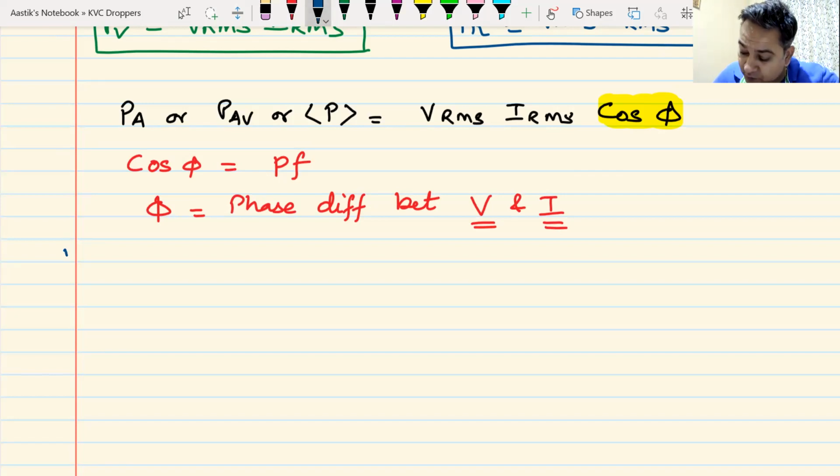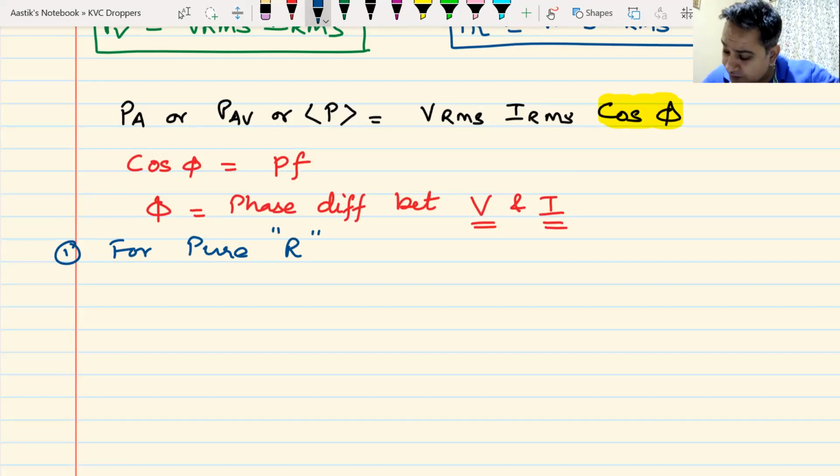If I take case number 1, a purely resistive circuit, the value of this phi is 0.